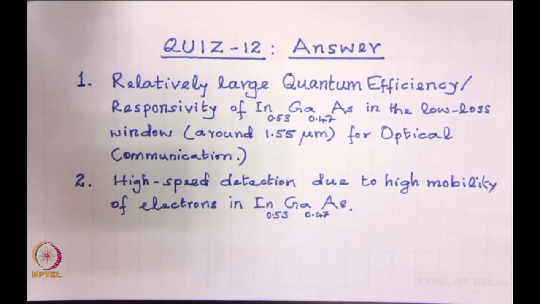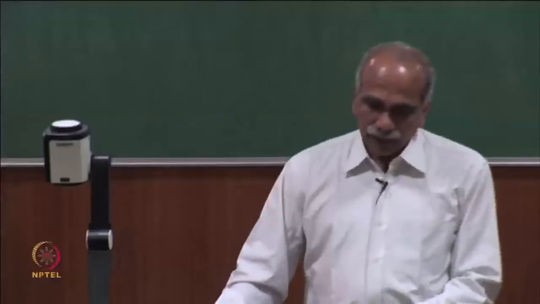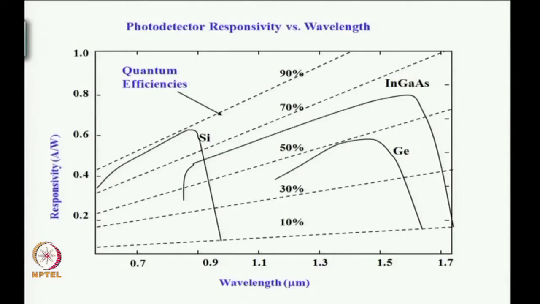efficiency. We may recall that in the last class we discussed the quantum efficiencies. This graph we had shown here of quantum efficiencies. So, we can see that silicon has a very good quantum efficiency in the range up to about 1 micron or less than that, going up to about 90%, whereas indium gallium arsenide has a large quantum efficiency of around 70% or so in the range of about 0.9 micrometer right up to 1.77 micrometer.